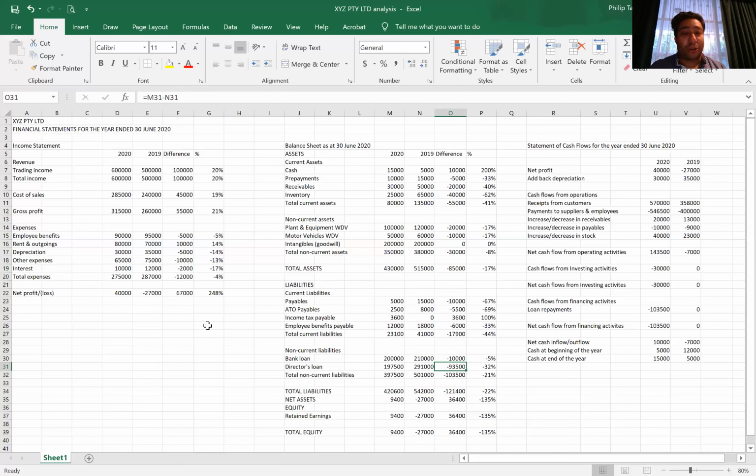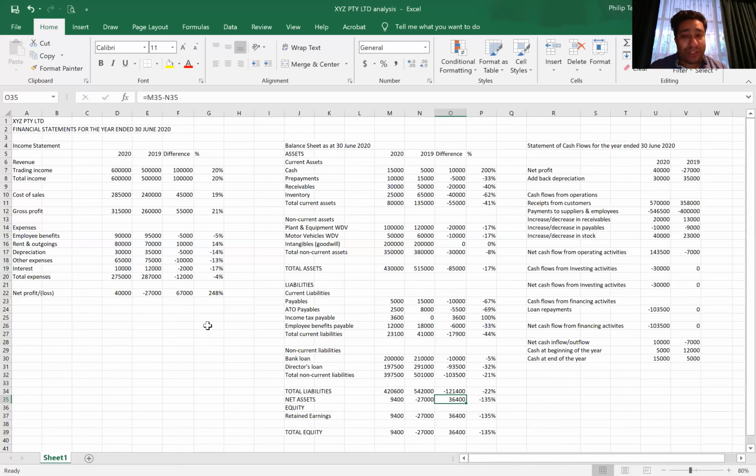It's basically a loan from the director to the company. So the director's loan reduced by 32%, and the total non-current liabilities reduced by 21%. So overall, the total liabilities reduced by $121,400, or reduced by 22% in comparison to last year.